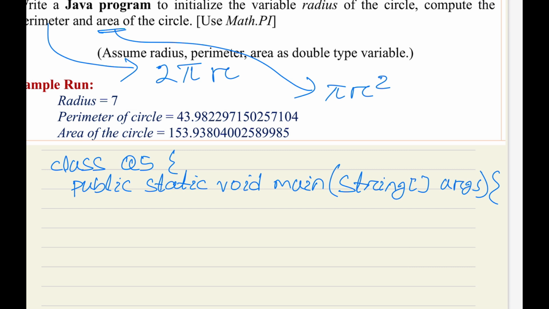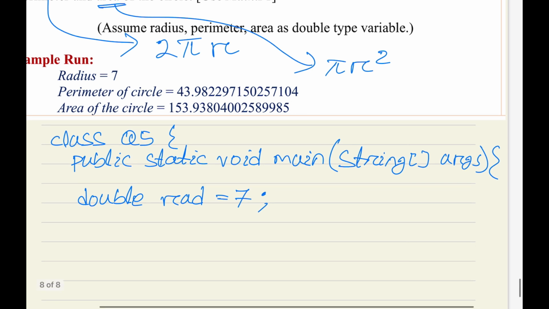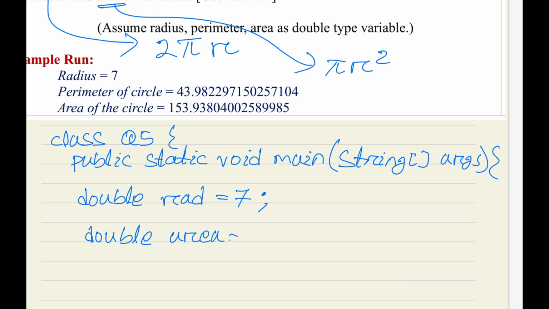So here I can write double. For radius I am simply taking the variable rad. So double rad equal to 7, then double area equal to, so we know that the area is pi r square, and r is for radius.